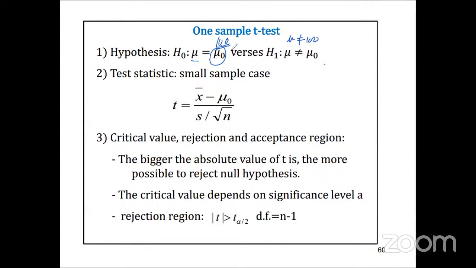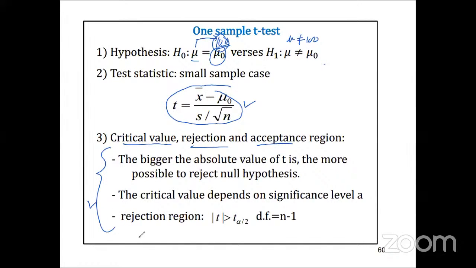Okay, so here you are going to specify the value. In one sample t-test, you have one population, and the population mean parameter equal to 100 is what you want to establish. The test statistic will be calculated based on the data you have, and the critical region, rejection region or acceptance region, will be found by software.